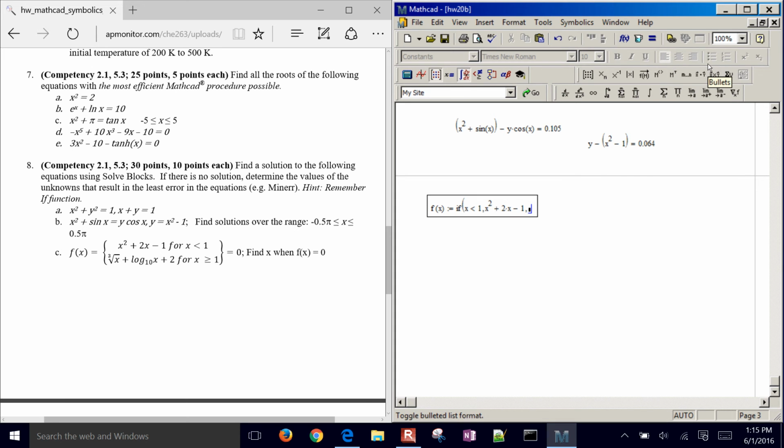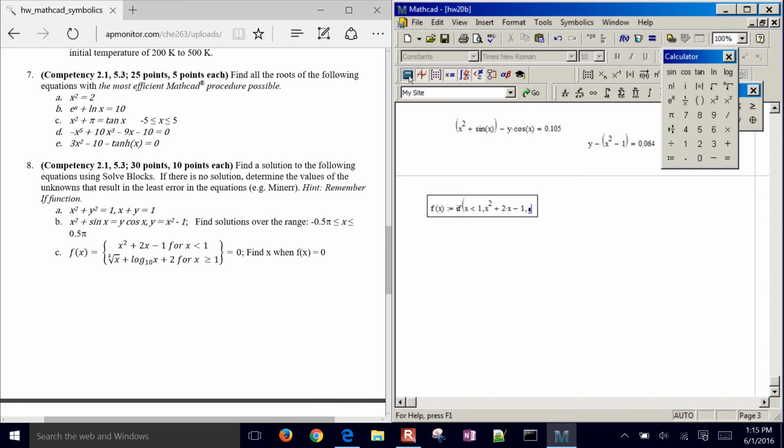Okay, else it's going to be, let's come up over here and close these. Okay, so let's find the, it's a calculator, there it is. Okay, so the nth root, and we want to do x to the 1/3, okay, plus log of x, okay, plus 2.